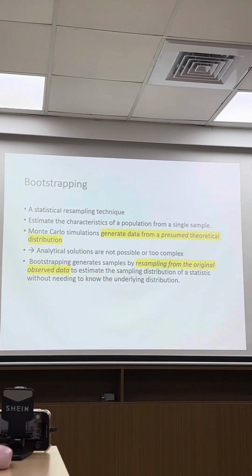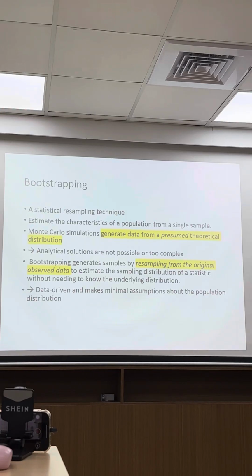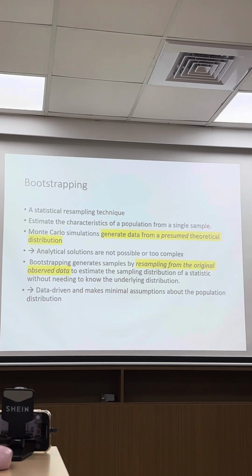The strength of Monte Carlo in our field is that it's very data driven, so it will not introduce bias into your result, because you basically don't give it any presumption. That's why bootstrapping perfectly fits in our field, social science and management.